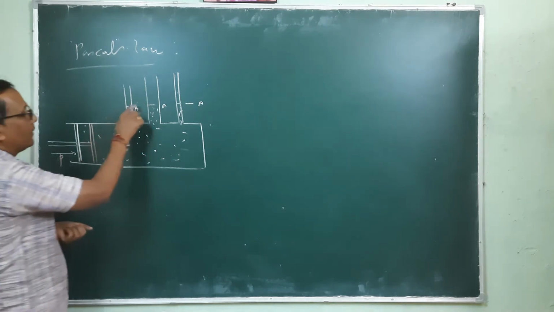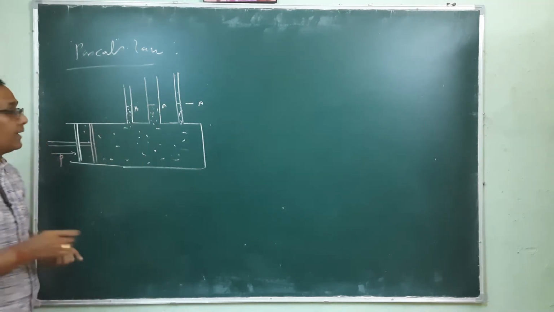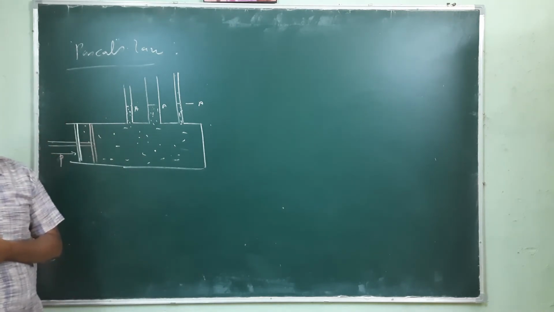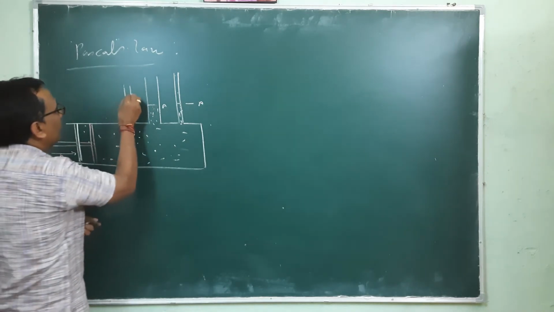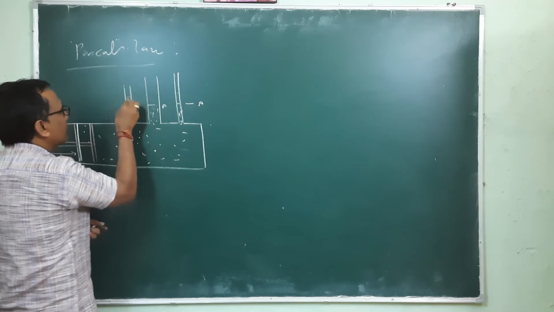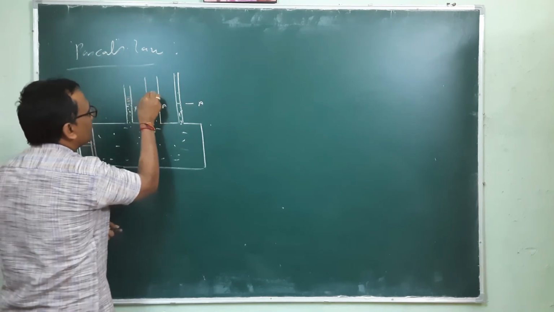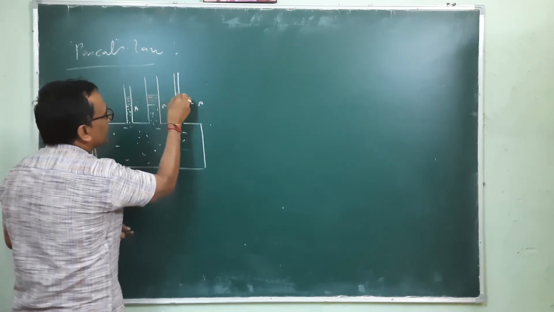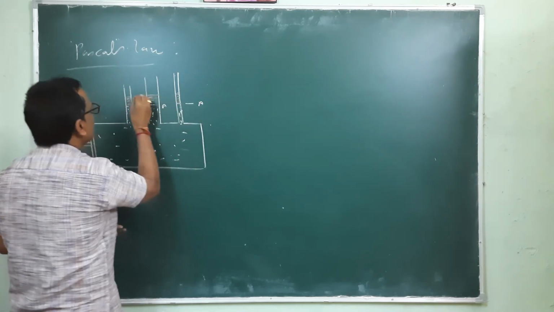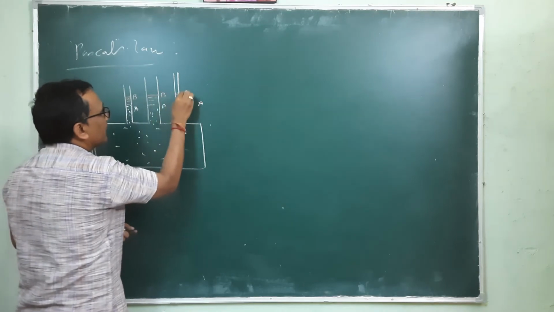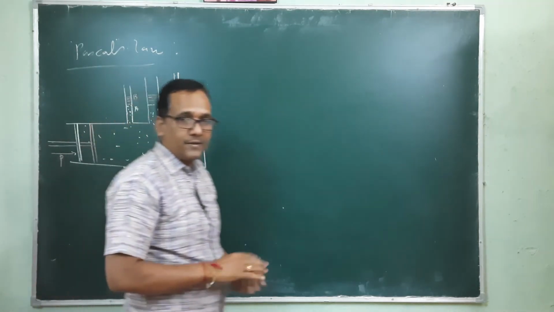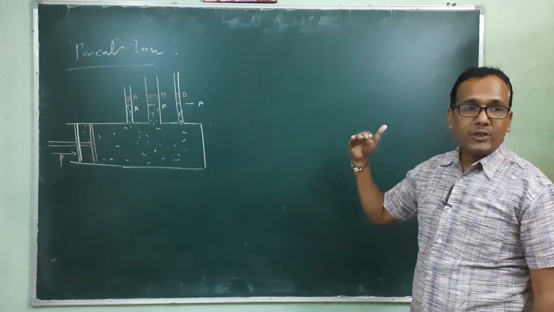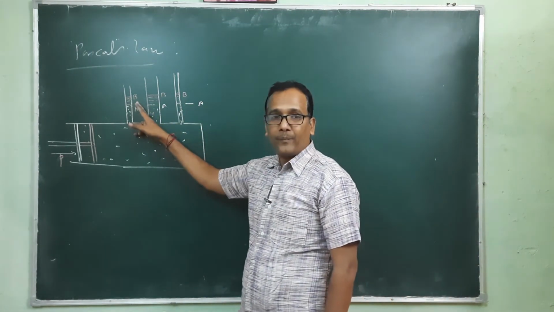Then obviously the level will increase, and irrespective of the diameter or the size of the tube, the liquid level is raised up to an identical height. So the next level is B, B, and B. Again, the height of the rising of the liquid level in these tubes will be identical.